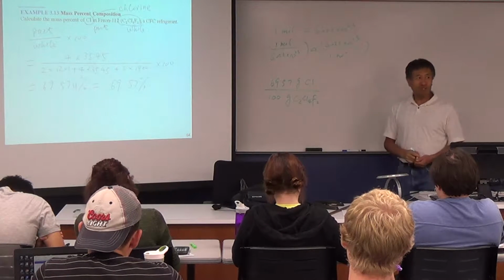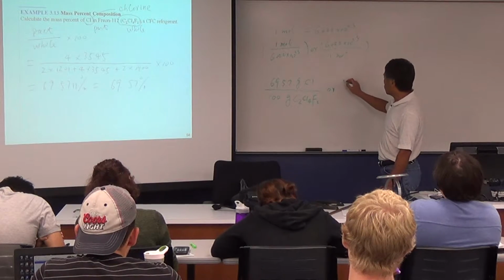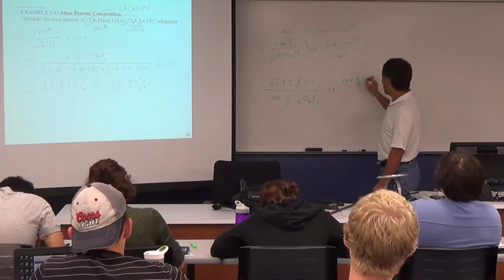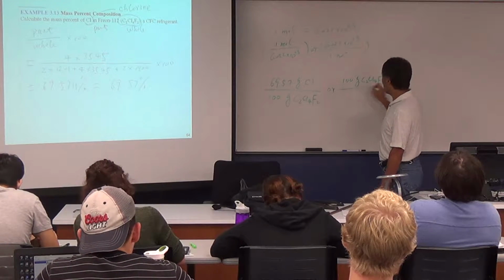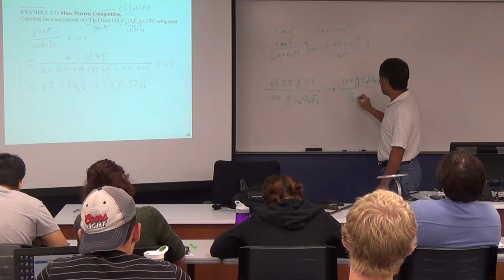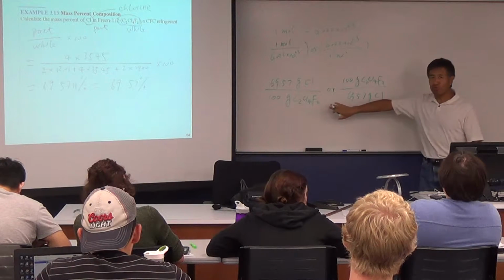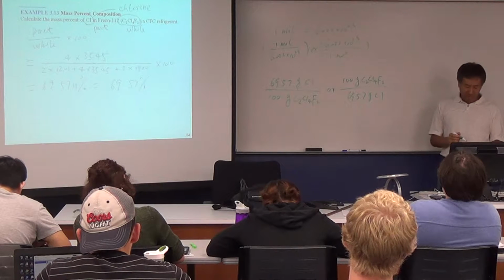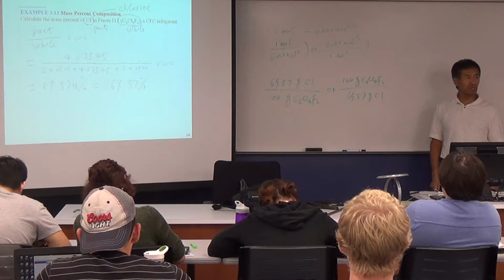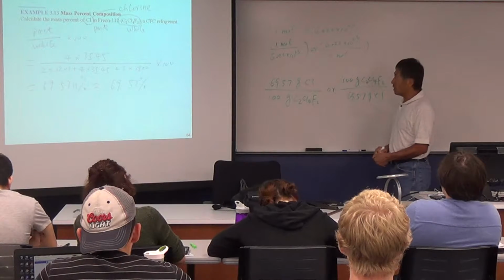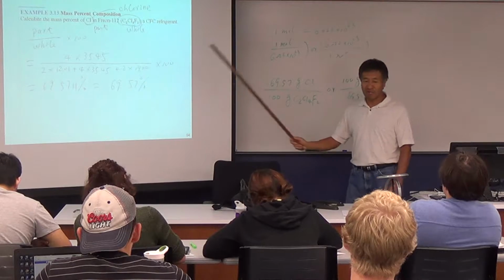And as we said before, whenever you have a fraction, you can flip it. You can write 100 gram of C2Cl4F2 over 69.57 gram of Cl. So these two fractions are very similar, just one is the flip of the other. Now, in this number I did not tell you what the unit actually is.